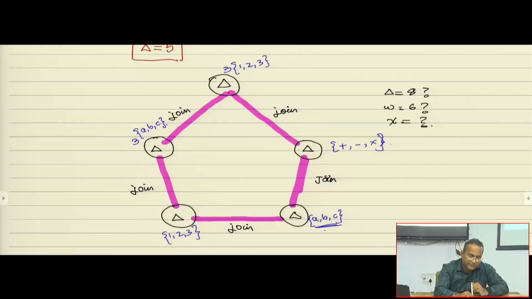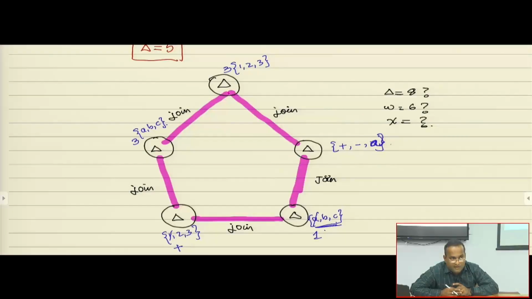Okay. 1 by plus, A by 1, multiplication by A. Now are you able to color? Right?